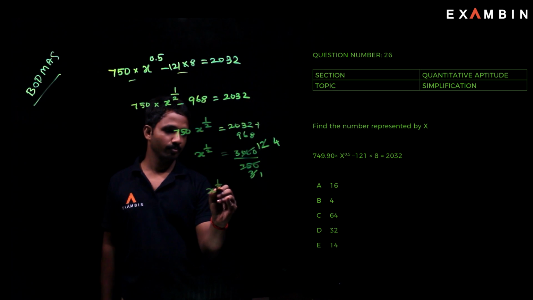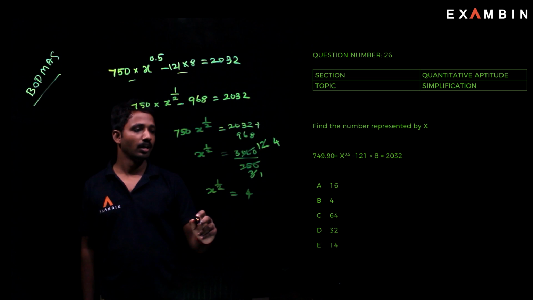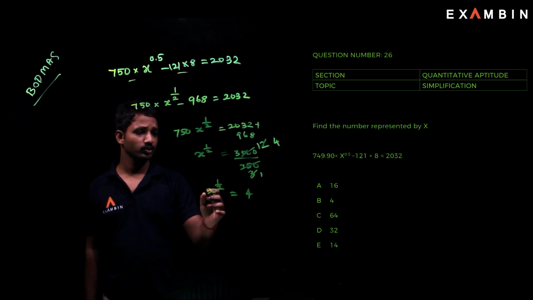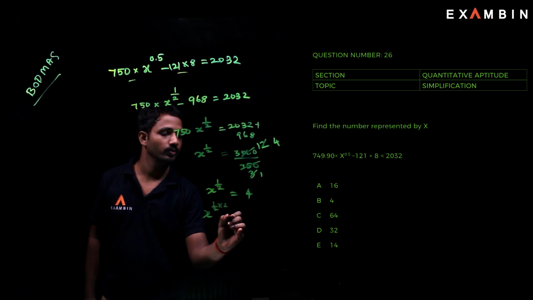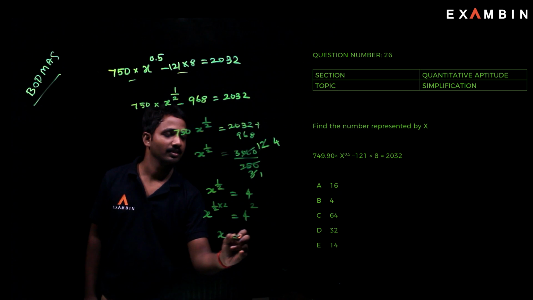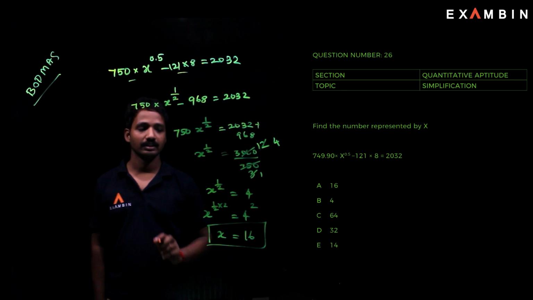So x power 1 by 2 is equal to 4. For cancelling this, I am squaring both the sides. X power 1 by 2 into 2, 4 power 2 is equal to x, 4 squared 16. So 16 is the correct answer. A, 16 is the correct answer.